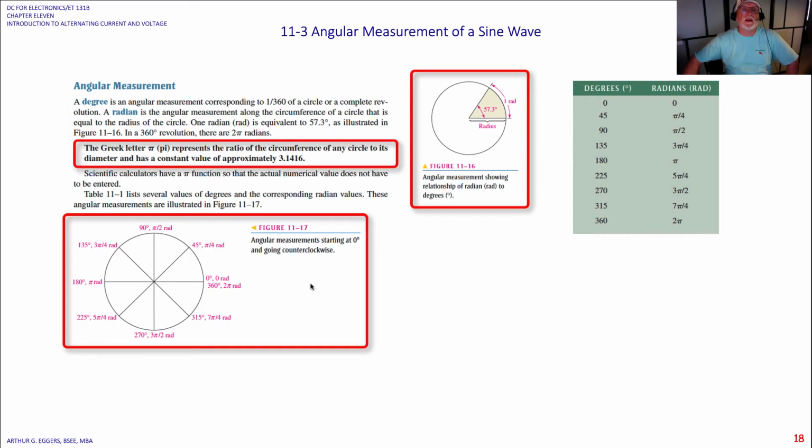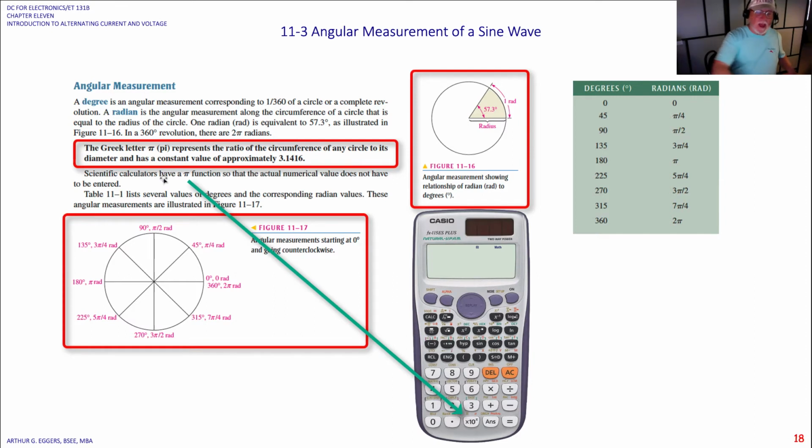We use the Greek letter pi to represent the ratio of the circumference of any circle to its diameter, and it has a constant value of approximately 3.1416. Scientific calculators have a pi function on them. If you take a look at your calculator, the Casio calculator, there is a key on here.